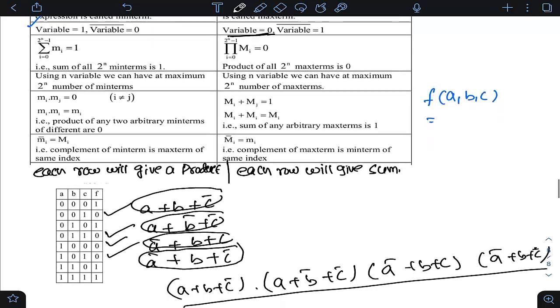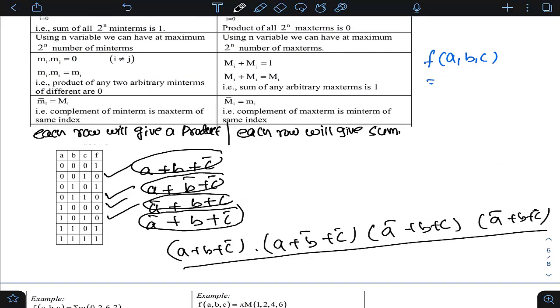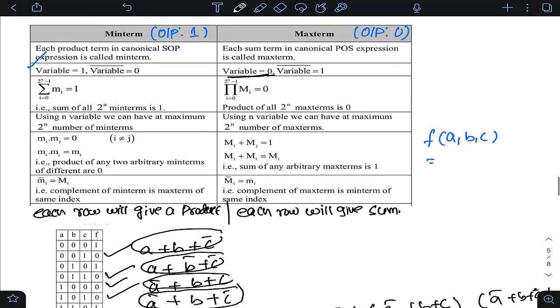Okay, fine. So we understood how to write the canonical form from a given truth table. But we want a compact notation. What you have done is absolutely fine, but imagine a case where you have 4 variables or 5 variables.